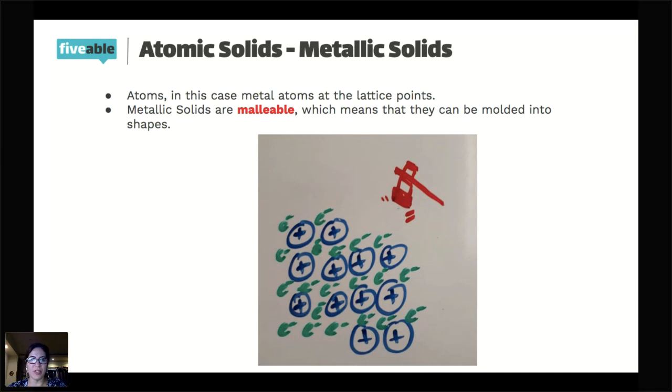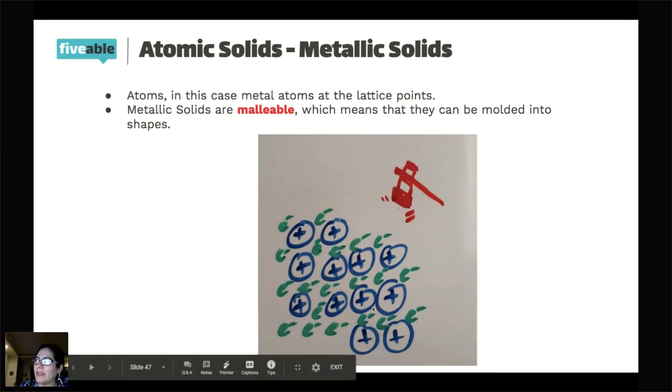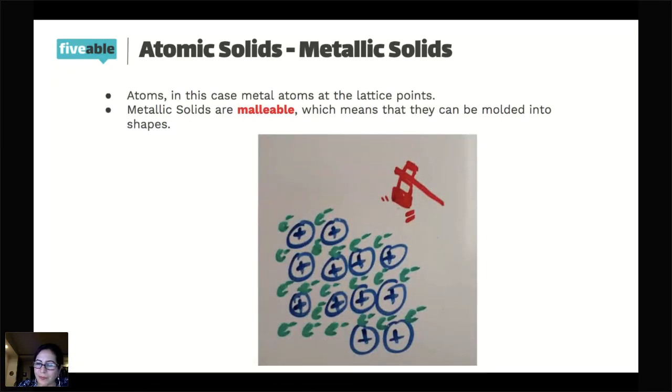We can shape it to be needles or whatever shape you need. Copper wire, we can hammer a piece of copper until we make it really, really thin into wires, because the sea of electrons arranges or organizes itself. The electrons flow, and that's why metals are malleable. They can be molded into shapes.